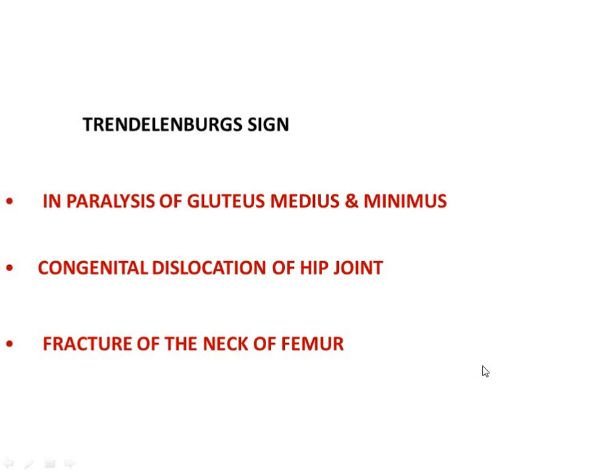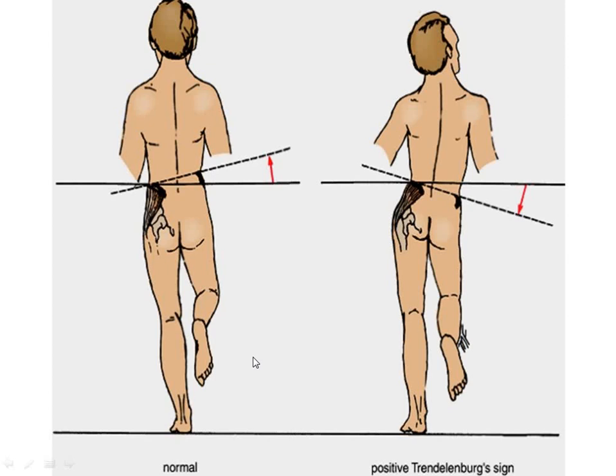Trendelenburg's sign, which we already discussed in the last class as well, is seen in case of paralysis of the gluteus medius and minimus or damage to the superior gluteal nerve. It is also seen in congenital dislocation of the hip joint, and in some cases of fracture of the neck of femur.